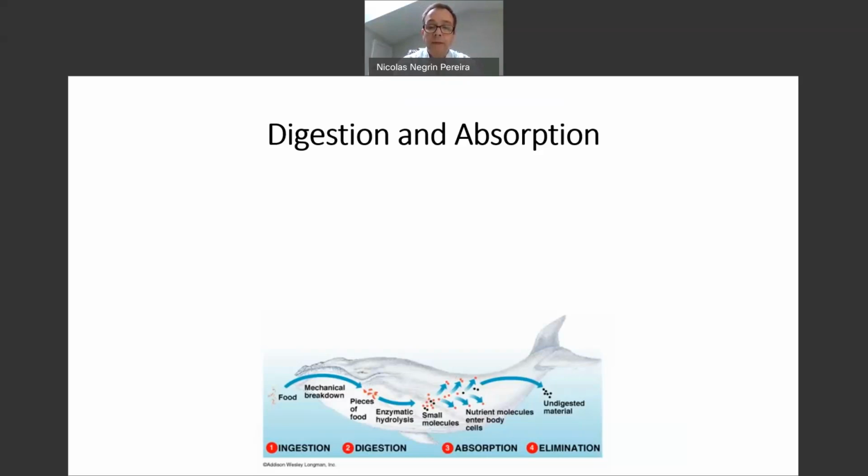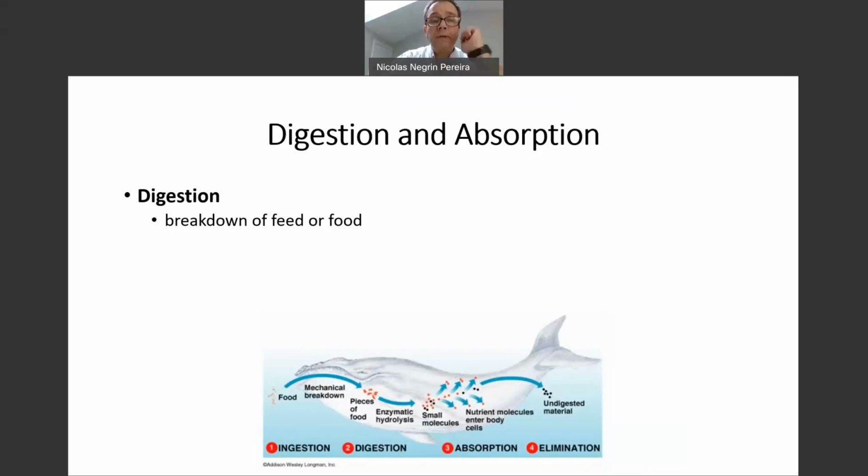Nutrients then go into the circulatory system and reach the different cells in the body. And of course, whatever is not digested by the animal is going to be eliminated or excreted through the rectum, anus, or whatever structure or cloaca the animal actually has.